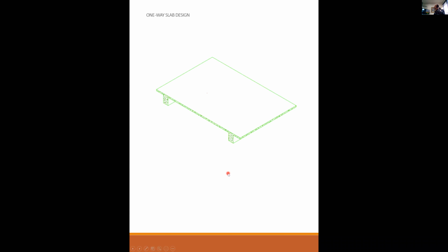All right, everybody. We are back and we are here to talk about one-way slabs. So what is a one-way slab? A one-way slab is typically a flooring system that is cast in and spans between two beams. You can see I've got a beam here, a beam here.